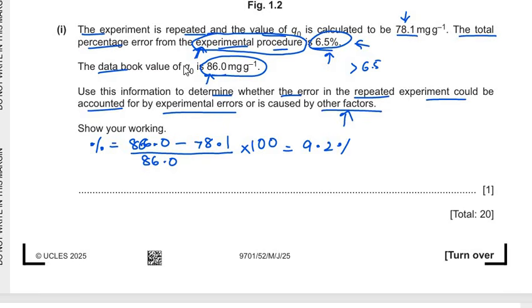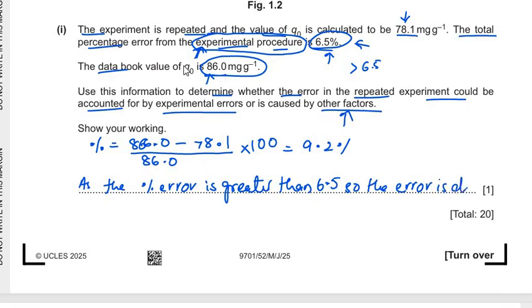So we can write: the percentage error is greater than 6.5, so the error is due to other factors. This is how we can explain.